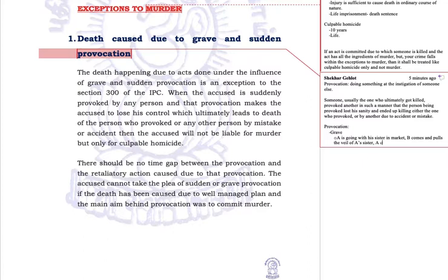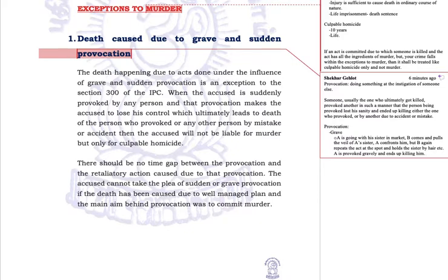A confronts him, but B again repeats the act at the spot and holds the sister by hair, etc. A is provoked gravely and ends up killing him.